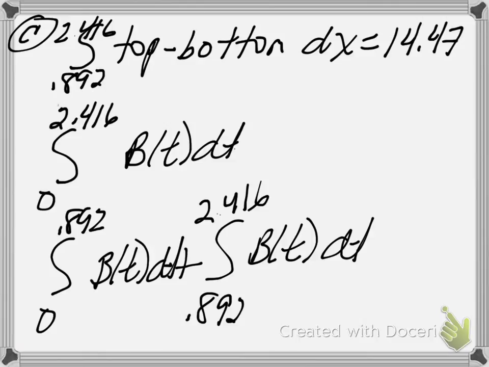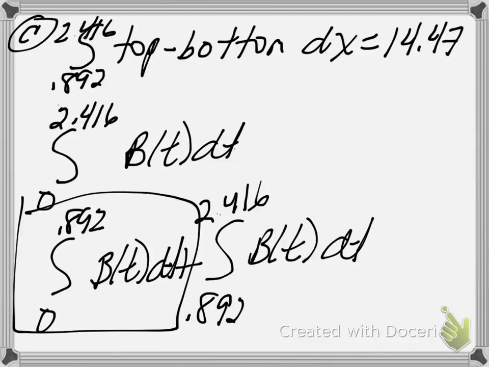Okay, so we already did this part previously in part B. And so we know that this first box over here is going to be 18.2868. We got that in part B.